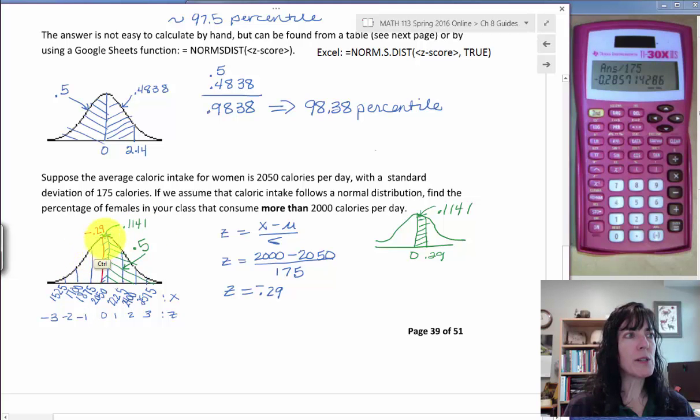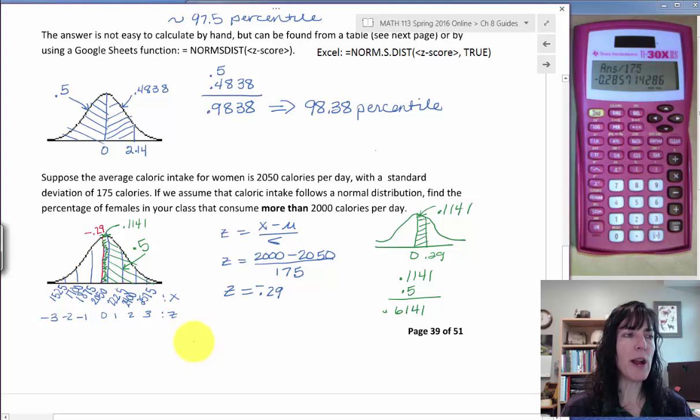And so this little sliver to the left has that 0.1141, and then the big chunk to the right is half of my distribution. So I'll add those two together, 0.1141 and 0.5, and I get 0.6141. 0.6141 is the probability or the decimal value of the females in the class that consume more than 2,000 calories.